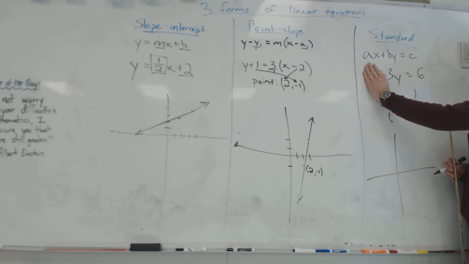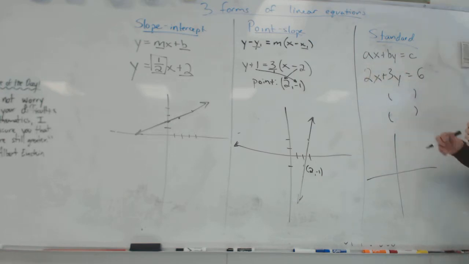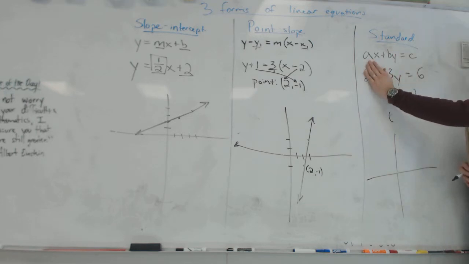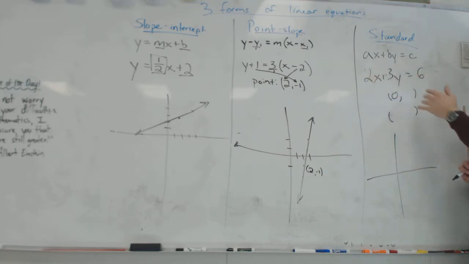So I kind of cover that up. When x is 0, we have 3y equals 6. What is y in that equation? 2, because 3 times 2 equals 6, or because 6 divided by 3 equals 2. And so my y is 2.